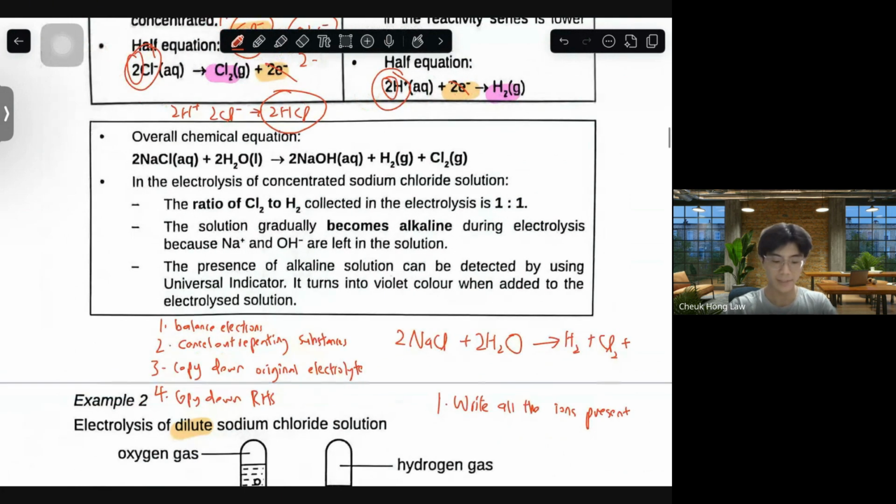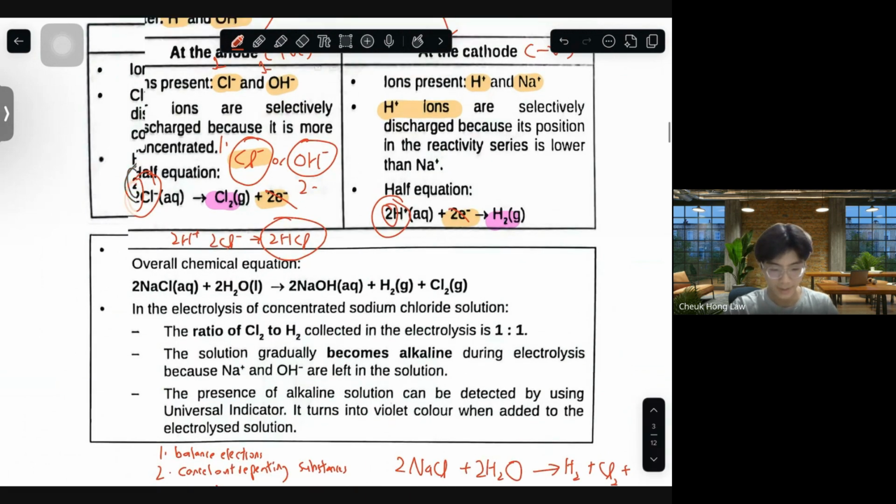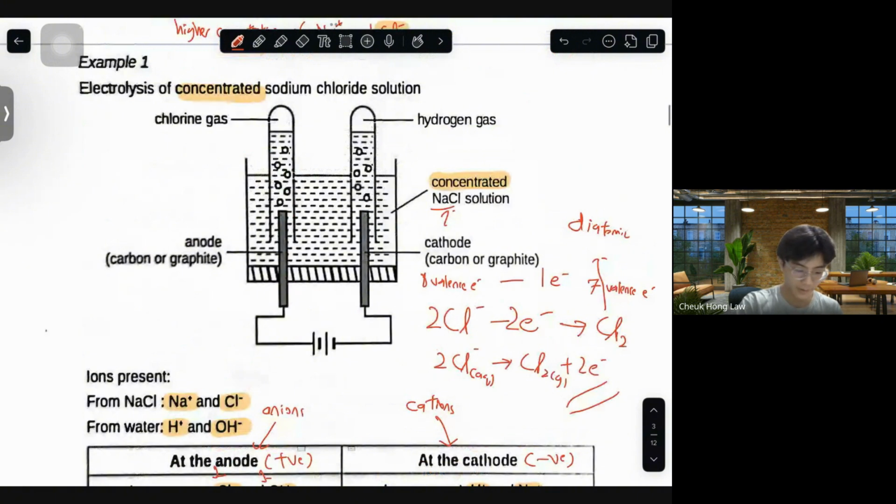But there's one last step. Write down the remaining electrolyte. So, what is the remaining electrolyte? That means we have 4 ions, right? Not everything got selectively discharged.